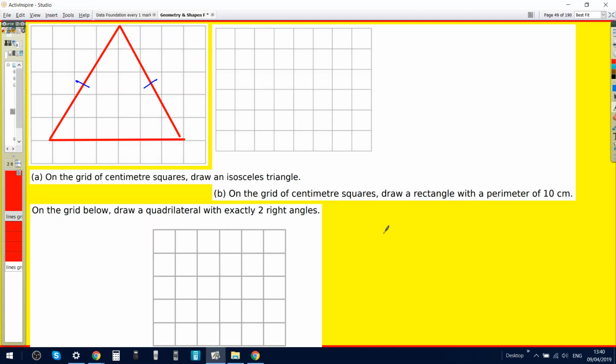Any idea top right? On the grid, draw a rectangle with a perimeter of 10 centimeters. So that's basically 10 squares all the way around.